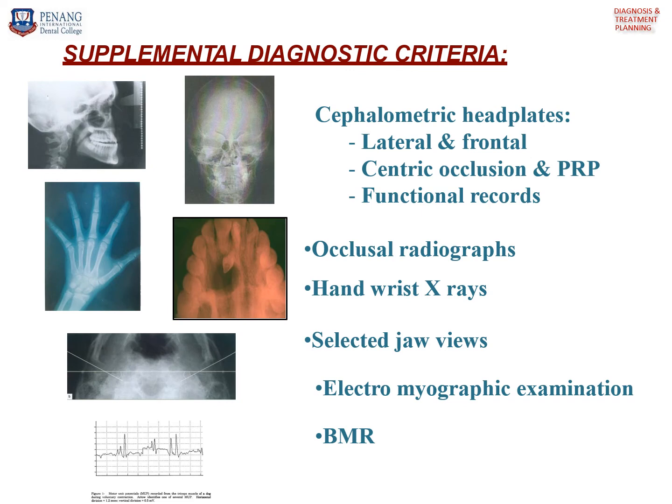Now supplemental diagnostic aids are aids that you don't require for every case, but definitely require in some situations. So lateral and frontal cephalograms, in some cases your functional records, your occlusal radiograph, hand-wrist x-rays, selected jaw views if you require, EMG, and your BMR.